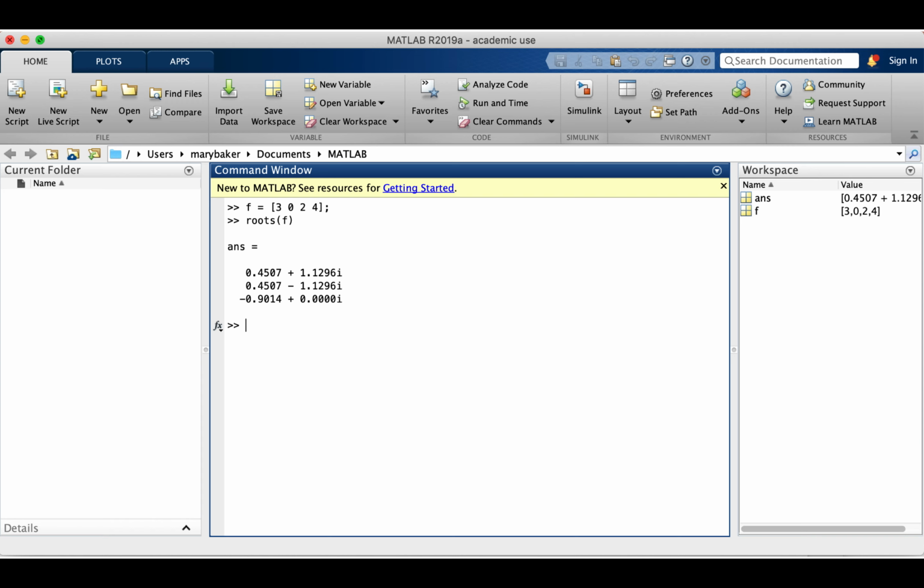So if you wanted to factor this polynomial, you would write this as a product of x minus the roots. So we would have x minus this root multiplied by x minus this root multiplied by x minus this root. And notice the complex term here. Remember, i is the square root of -1. And so this particular polynomial has 2 complex roots and 1 real root.